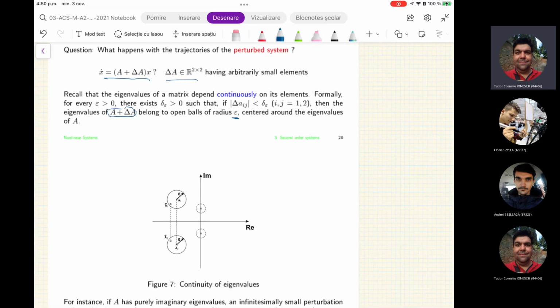So any disturbance delta A introduced into the system x dot equals AX changes the modes, the eigenvalues, into a ball.